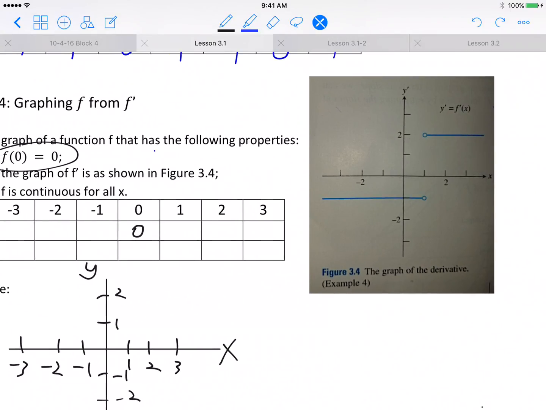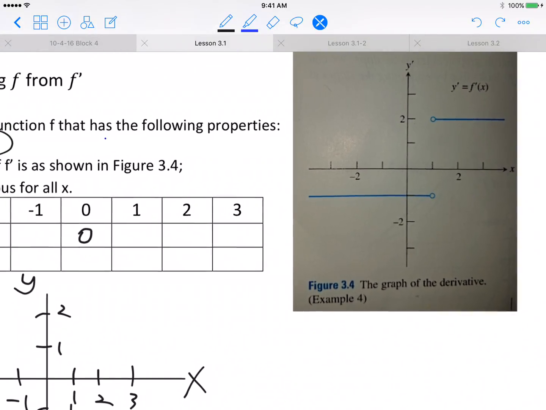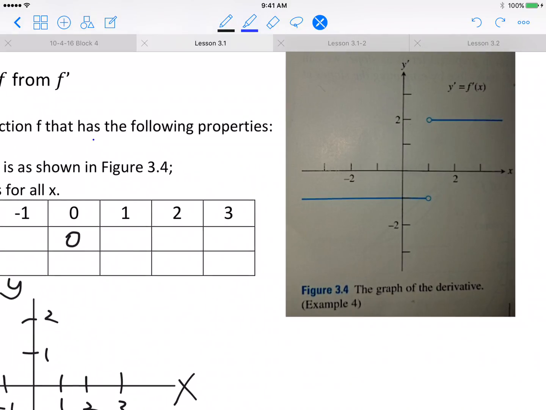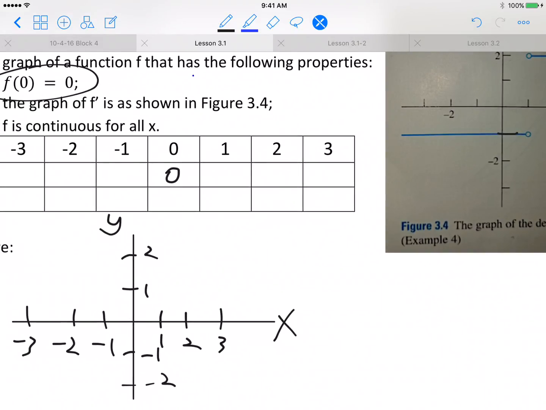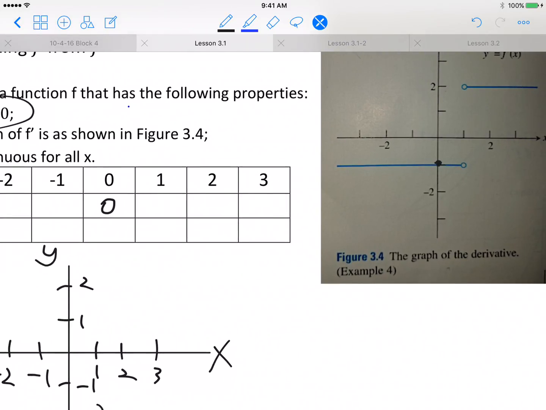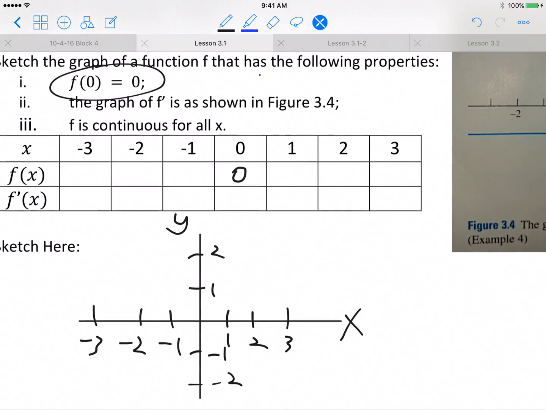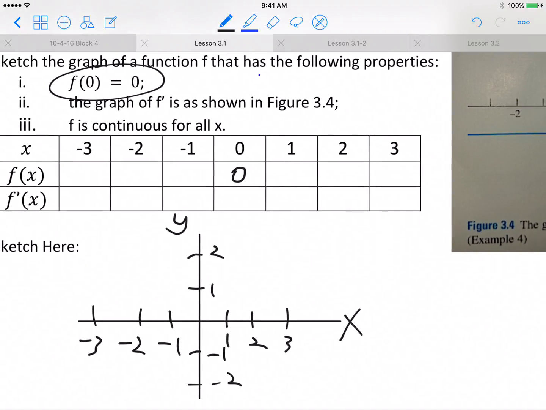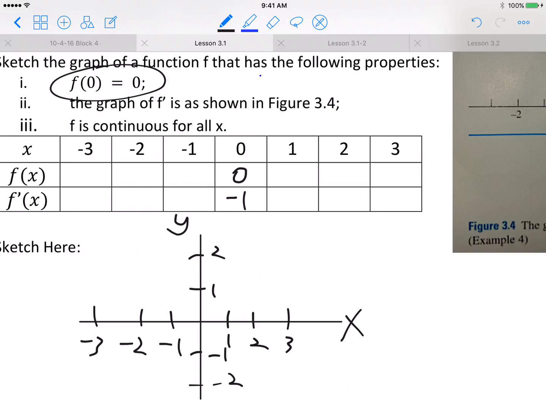When x equals 0, your slope appears to be, let's write that out, f prime of 0 appears to be negative 1. Maybe I shouldn't confuse you, it's just that point right there on the graph of the derivative. When x equals 0, your y value is negative 1. So the slope of the original function must be negative 1.